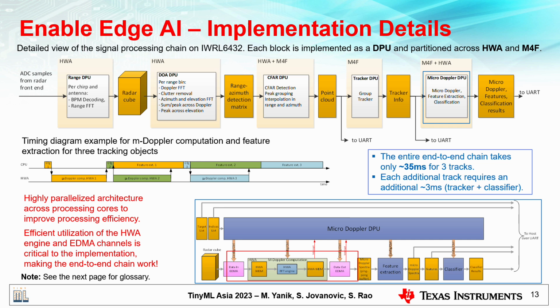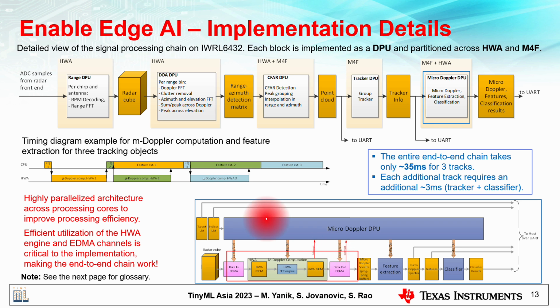We have a huge data set coming from the radar RF units, and once you run something, you need to move this data very efficiently for every block. In this device we also have 64 different EDMA channels, and we highly parallelize this work by using these EDMA channels as efficiently as possible.